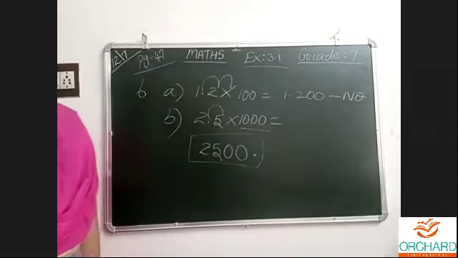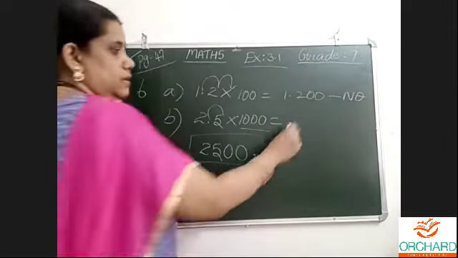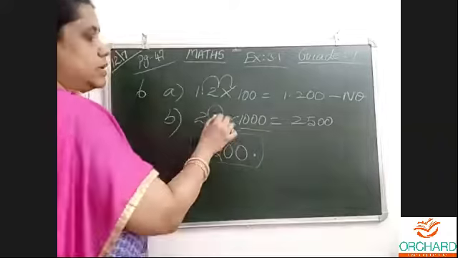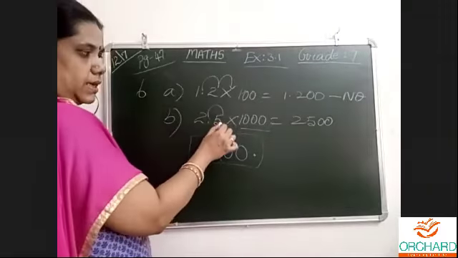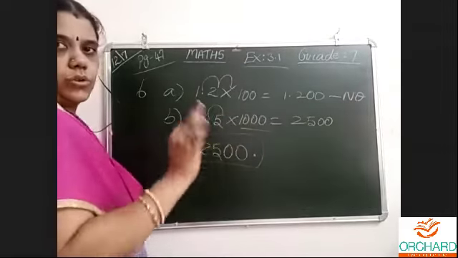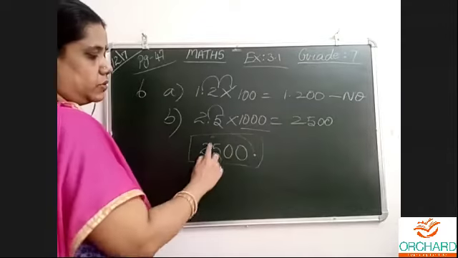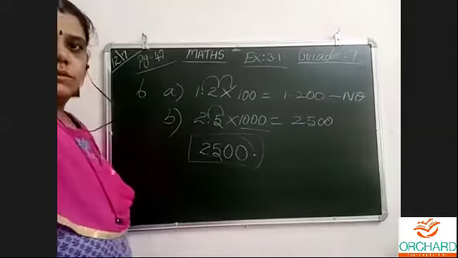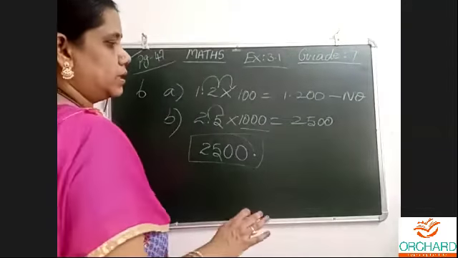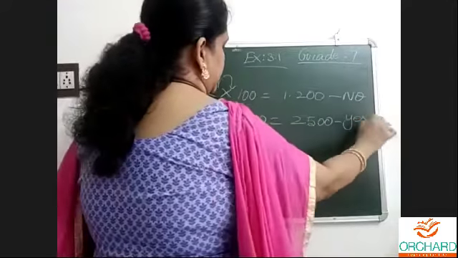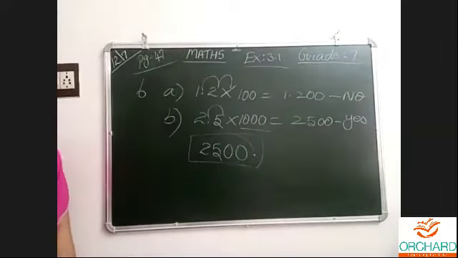Let us see the answer. Yes, they have given this in the textbook. 1 jump is here and 3 jumps I want. So 2 zeros added. The point went from here to here. Decimal should be understood like this only. 3 places. So this is correct.